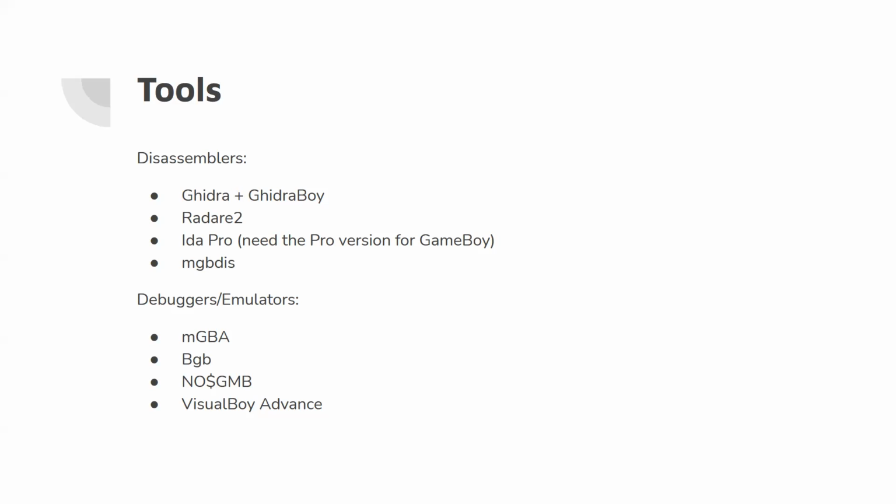Then for debuggers or emulators, these are kind of the top 4. There are additional ones, but I haven't used them, so I don't feel comfortable recommending them one way or another. I will be showing you MGBA, BGB, and Visual Boy Advanced today, but I will be doing most of my work with BGB.